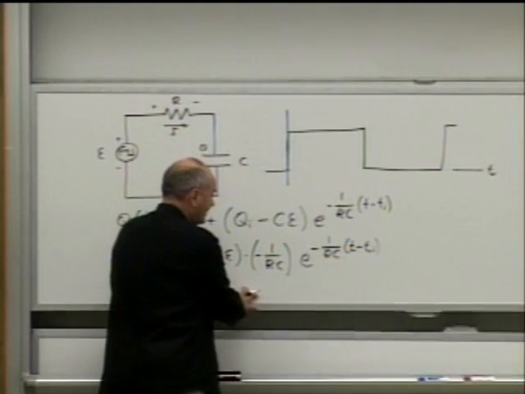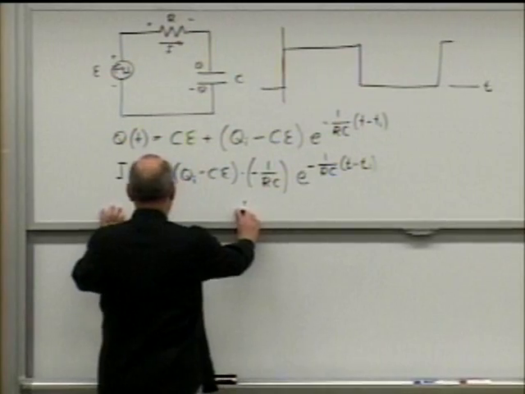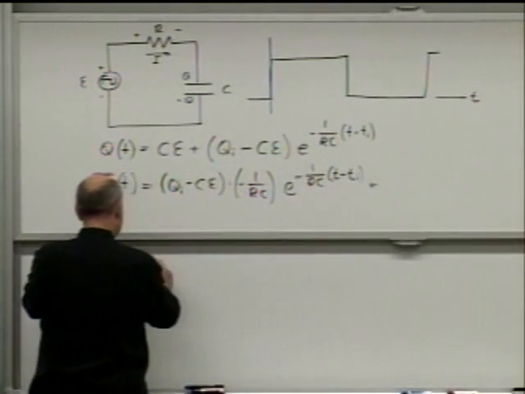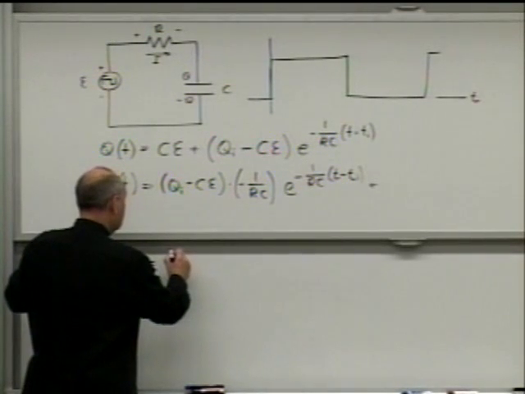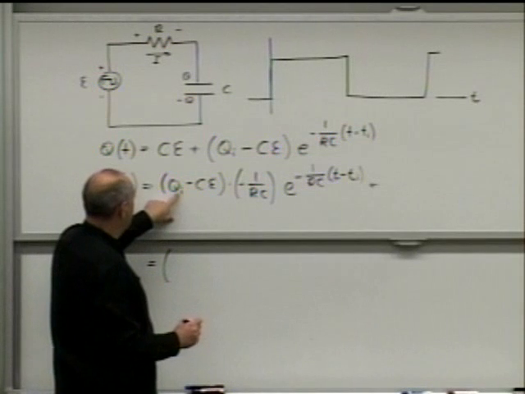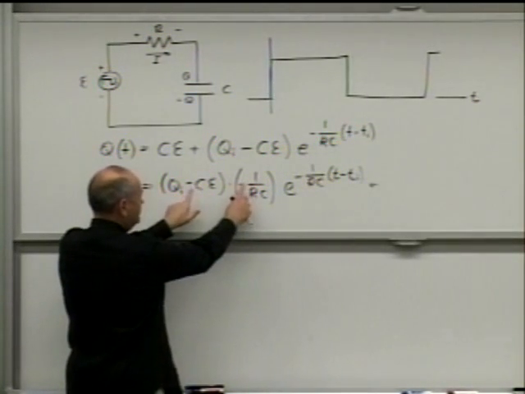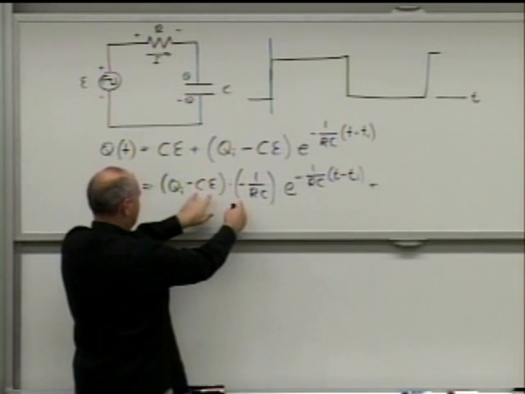Okay, well, let's simplify this expression. I have here Q over, actually how about since I have minus here and minus here, I will flip the terms.